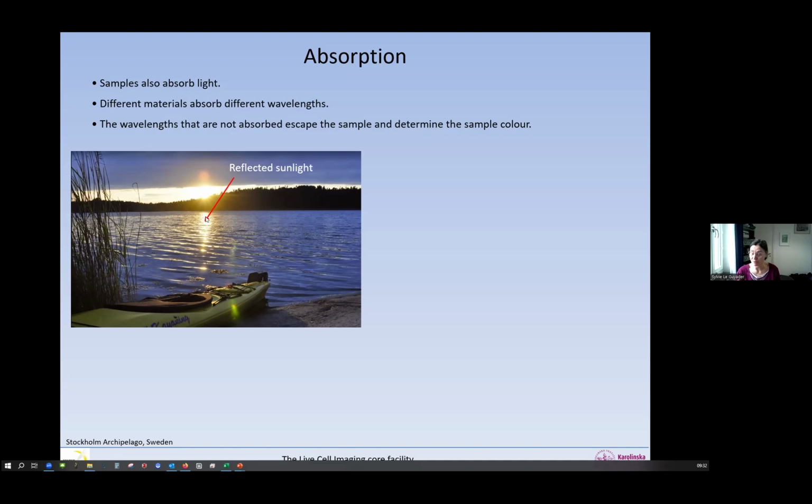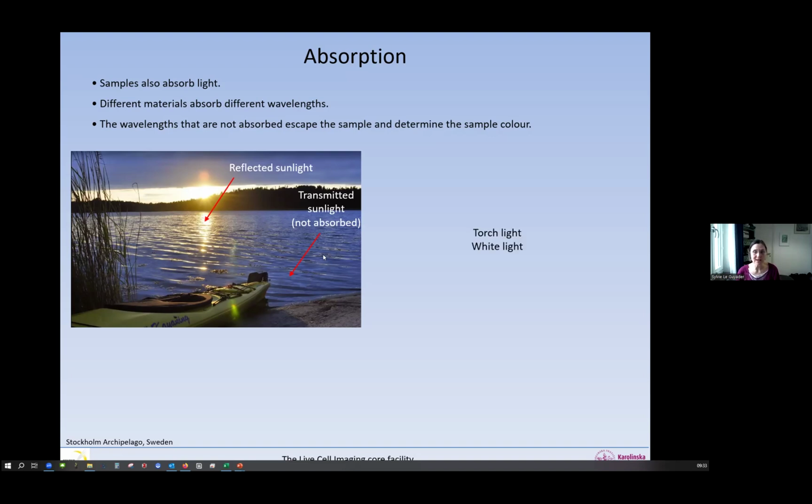But in here, what we can see is the light that has gone through the water, and the water is absorbing some of that light, and rejecting other types of light, and it's blue. So all the red and all the greens are going to be absorbed, and only the blue escapes from the water, and this is why the water is blue. So whatever is not absorbed is going to show the color of the objects.